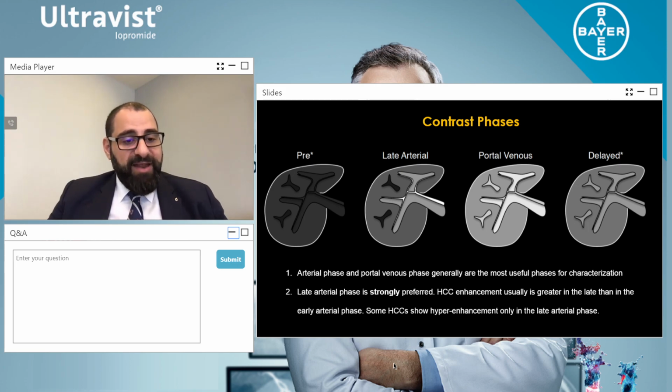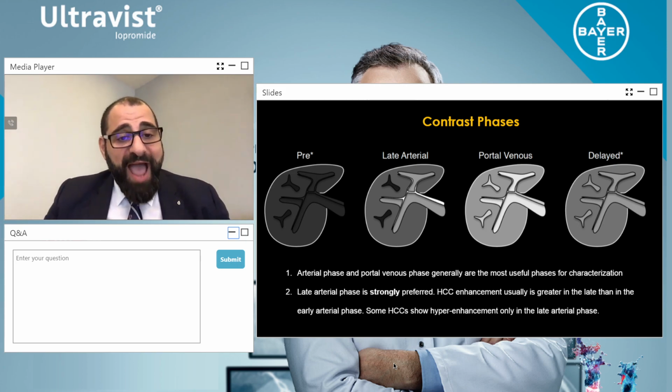Now, we also have another question from Mamta Chand. What about image quality once we are reducing the KVP? So with reducing KVP, we get better low contrast resolution. What does that mean? The small hepatic lesions between 0 and 3 millimeters, we get to see them a lot clearer.